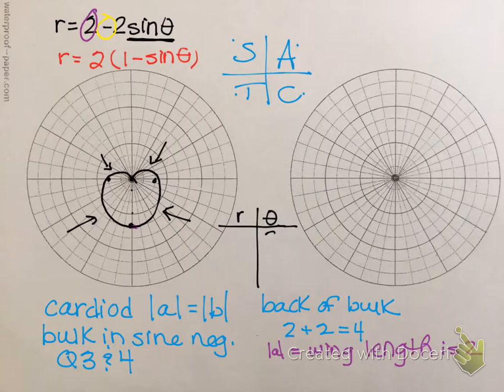So for instance, I could pick 30 degrees or pi over 6 for theta, and when I plug that into my equation, I would get out that r is equal to 1. So let's make this thing a little more accurate.